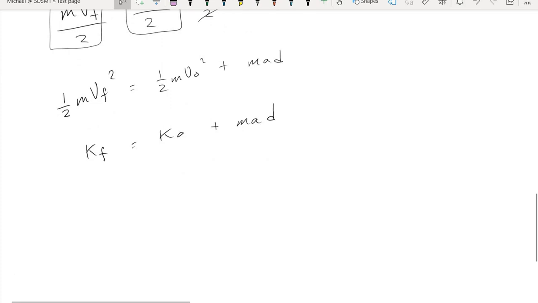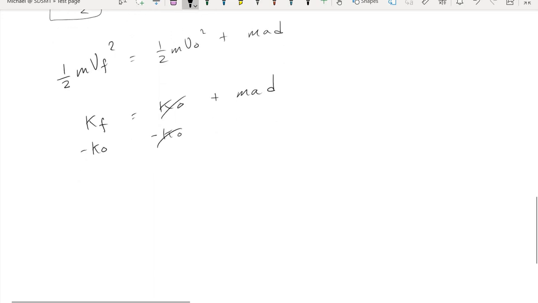all that extra stuff there, if I move the kinetic energy terms over to the same side, I have final kinetic energy minus initial kinetic energy. Anytime I have final minus initial, that is a delta statement. That is a difference. This is delta K. And this is a difference in kinetic energy.